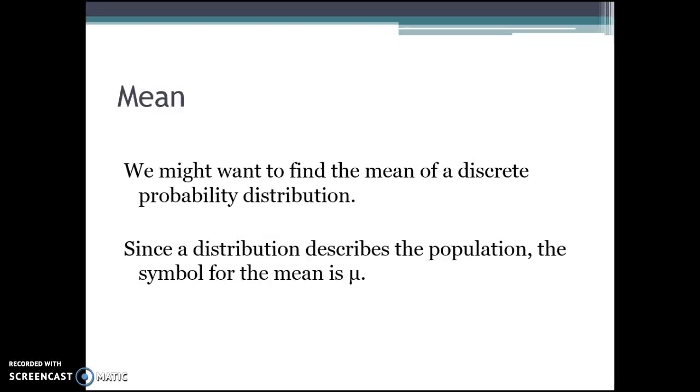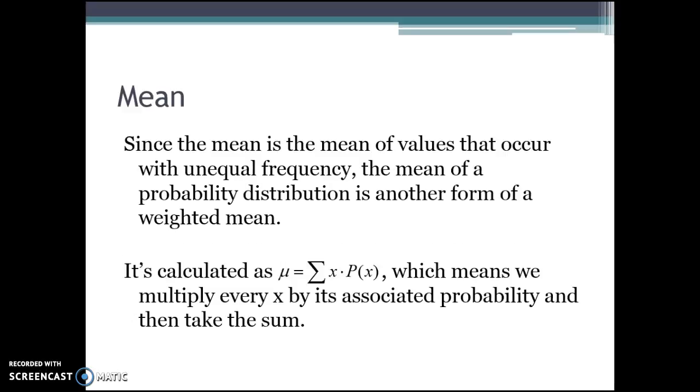All right, so now let's look at the mean. Remember, probability distributions are for the population, so that means the symbol for the mean is going to be mu rather than x bar. One thing I really want to talk about here is that the mean of a probability distribution is essentially a weighted mean.